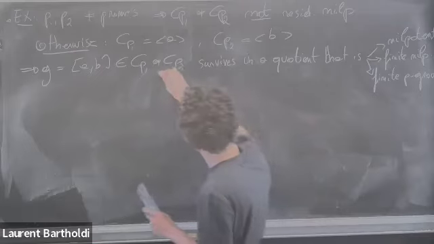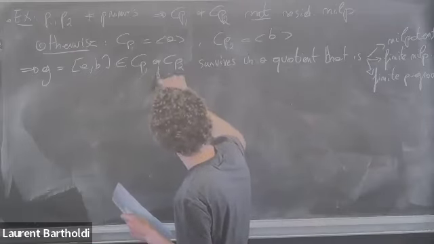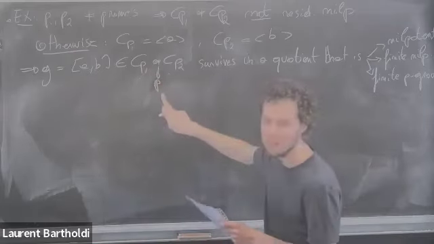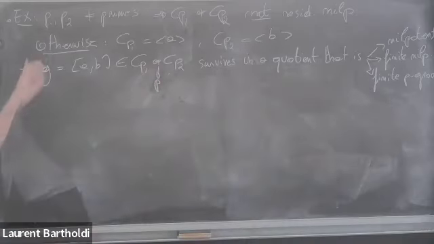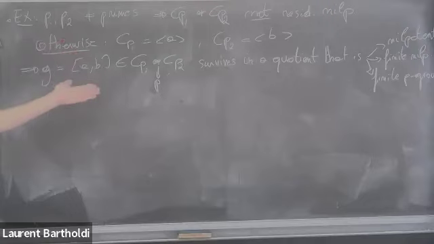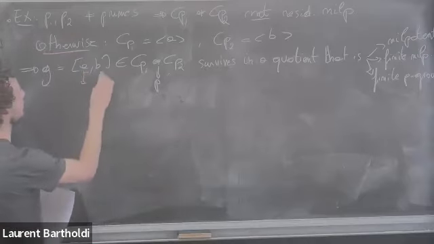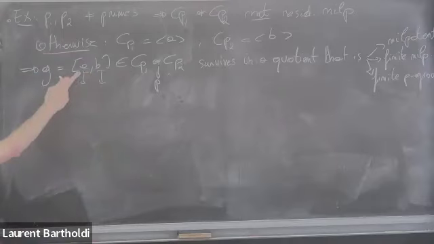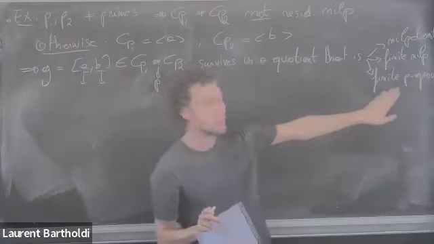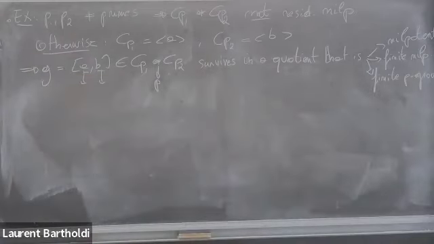And now if you look at the image of G in this finite p-group, well, by assumption, p1 and p2 are distinct primes, and so they cannot both be equal to p. So let's say p1 is not equal to p, and so if you look at the image of the generators, A is of order p1, and so it cannot survive in a finite p-group. The group is residually p, but this p can depend on the element.